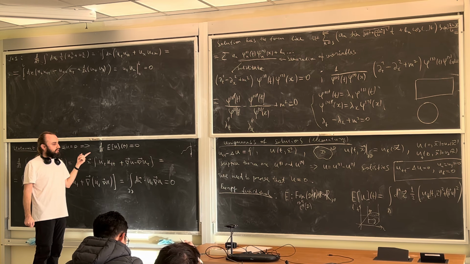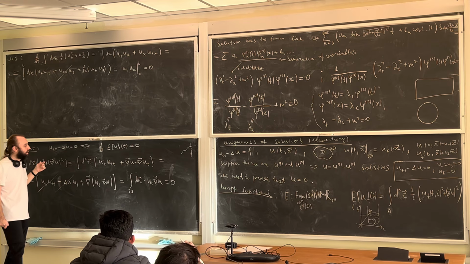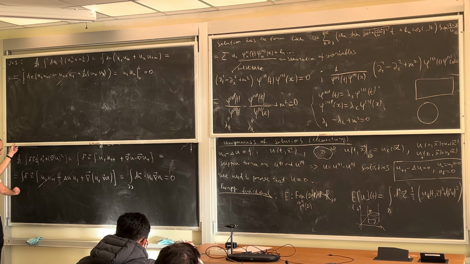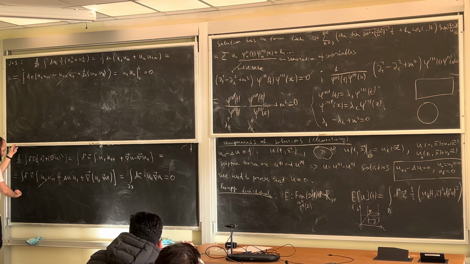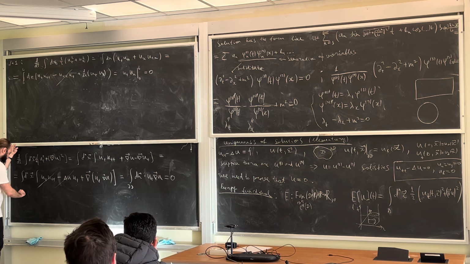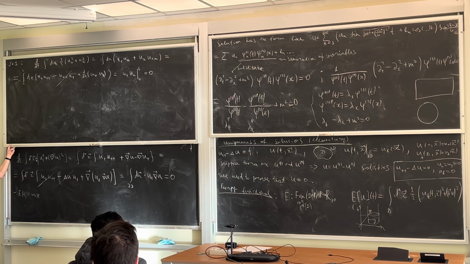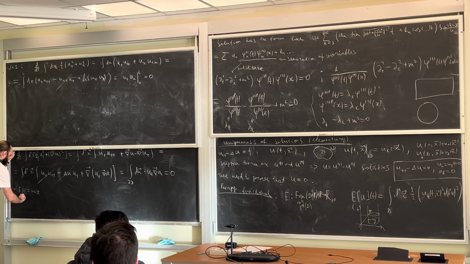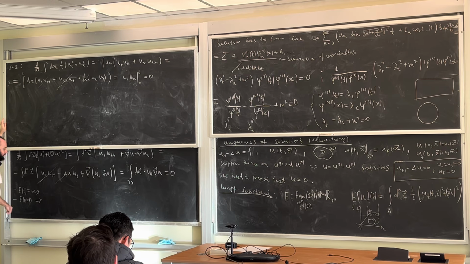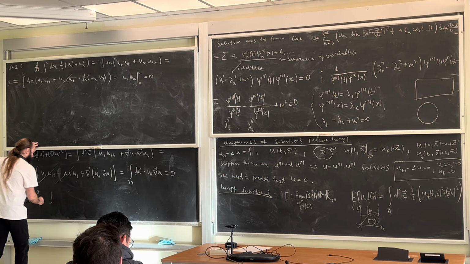Okay, so we see that the energy is 0. First note that E of t is constant. Then we can compute that E of 0 is 0 because initial conditions are 0. So this energy is constant for all possible times.